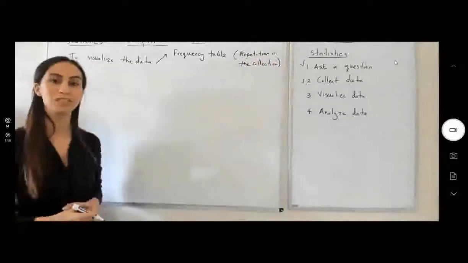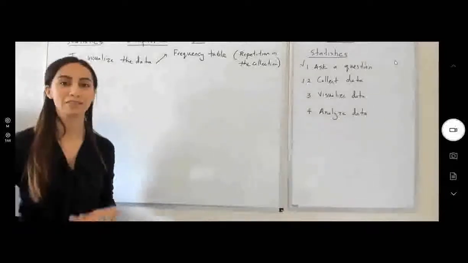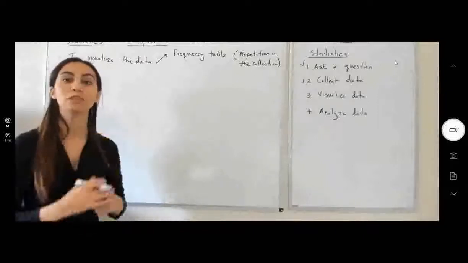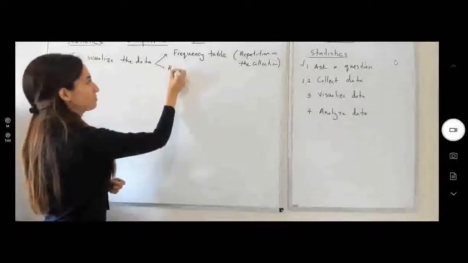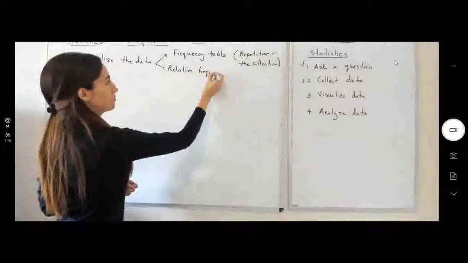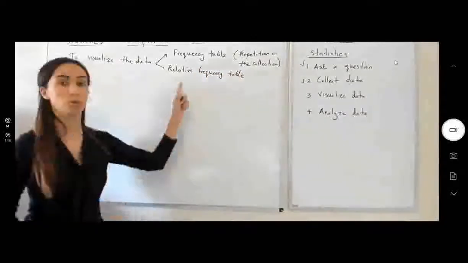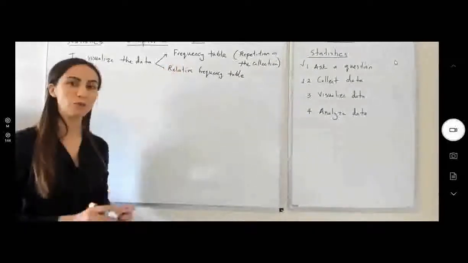Other than using a frequency table, we can use relative frequency table by adding some new information to our table. So relative frequency table is very similar to our frequency table.